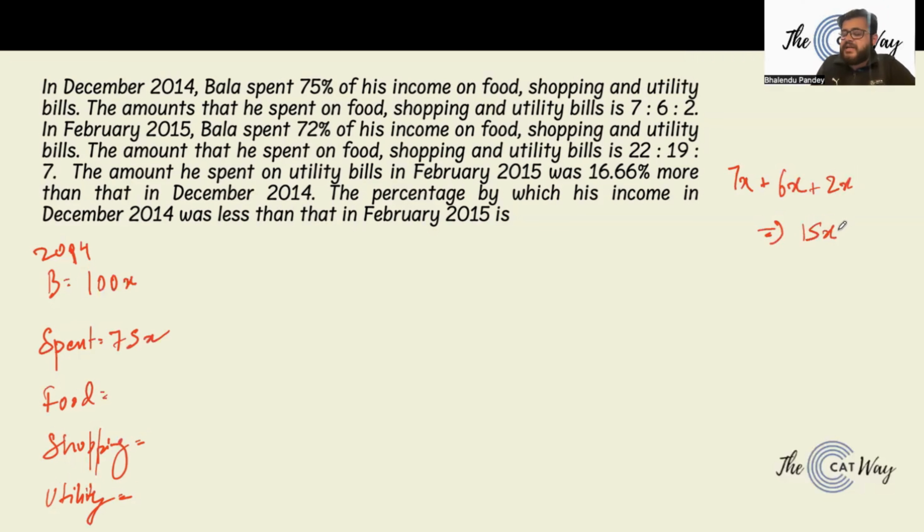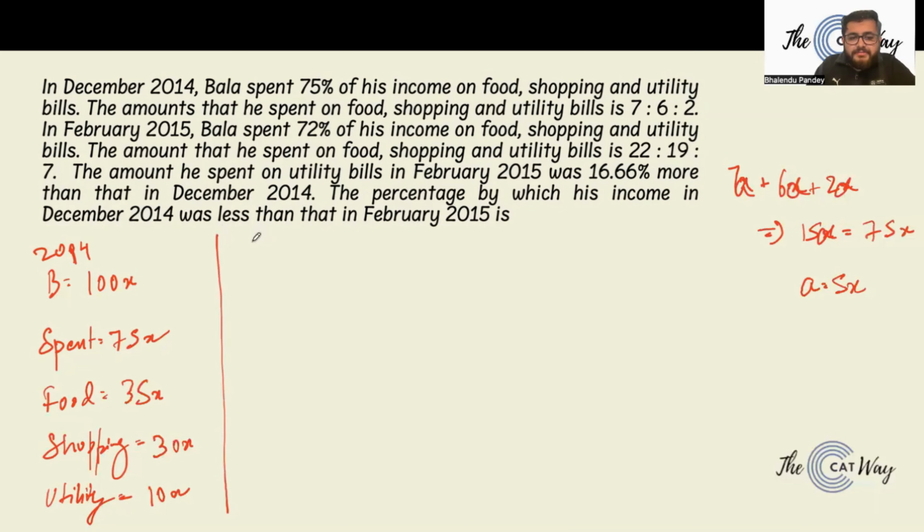Total he is spending 15A, but we know that the total he has spent is 75x. So my A value becomes 5x. Once A becomes 5x, my expenditure on food becomes 35x, on shopping 30x, and on utility 10x. Correct? So this is the case in 2014.